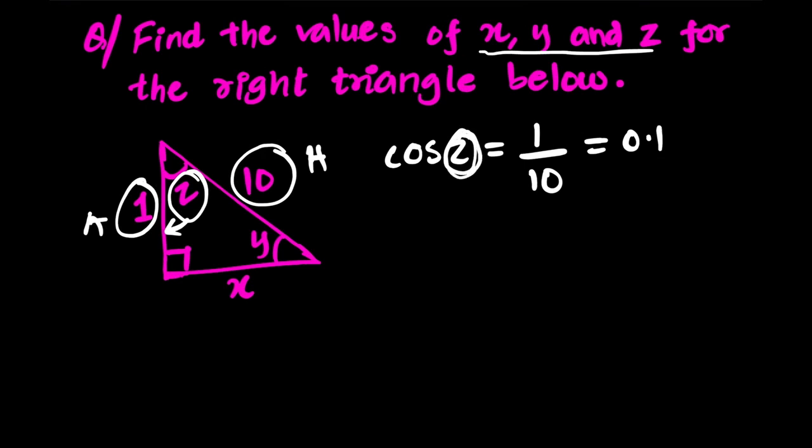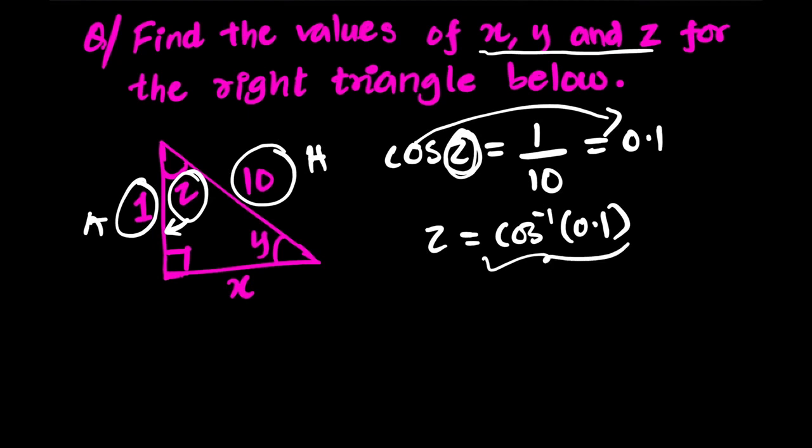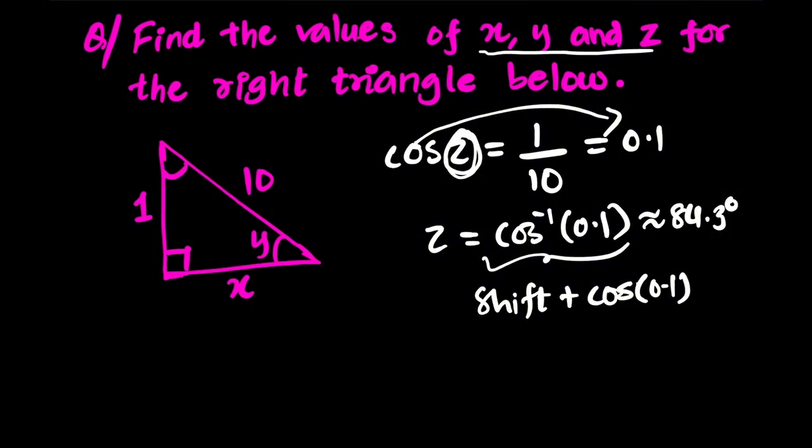Since we are finding this value of z, which is the angle, keep z on this side and take cosine on the other side, which becomes cosine inverse of 0.1. And to perform this in calculator, press shift plus cos of 0.1, which is approximately equal to 84.3 degree. So the value of z equals 84.3 degree.